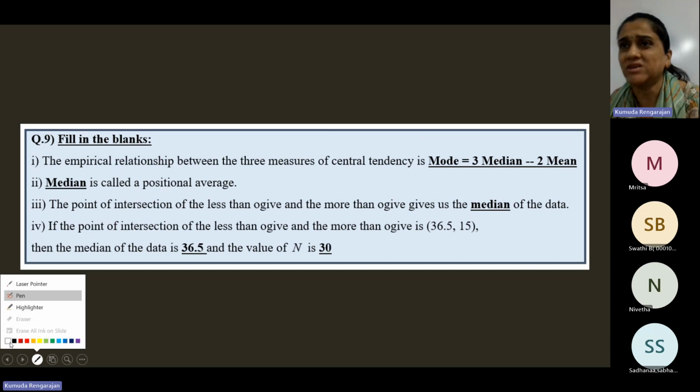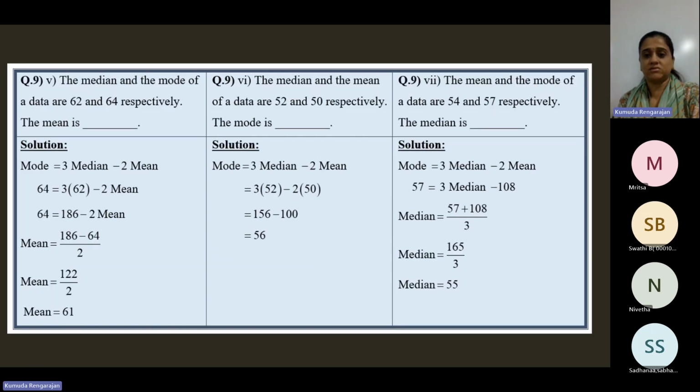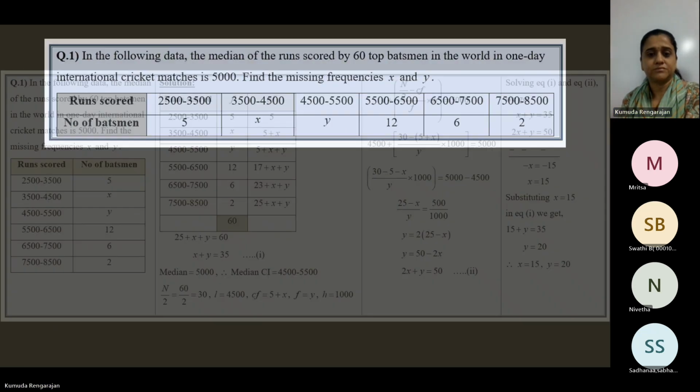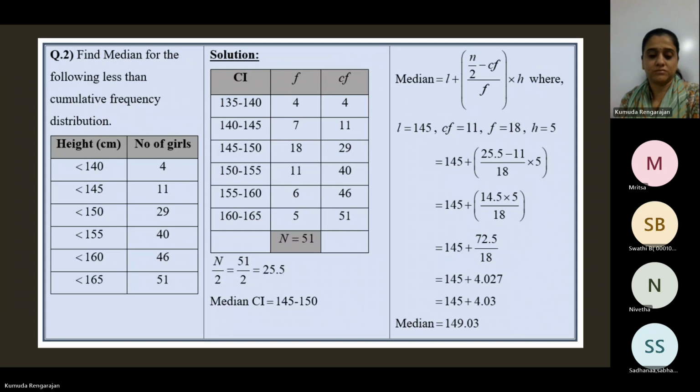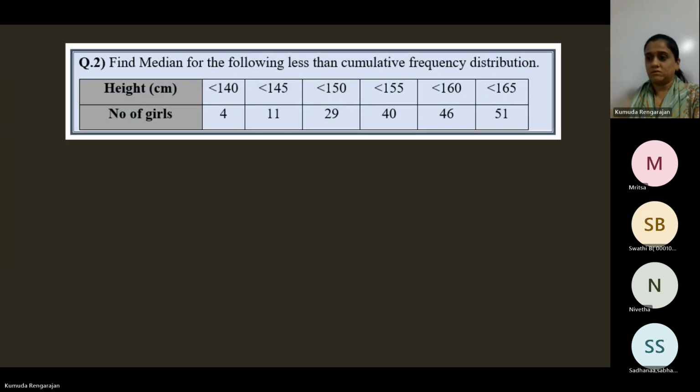No, we don't have time, children. Let me not confuse you. I'll share these images, where you have the working. Can you see? Okay, I'll share these images on WhatsApp with you. All right. Quickly, this also I'll share on WhatsApp.